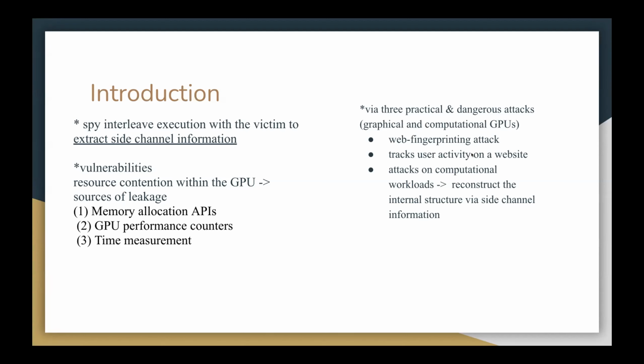We're going to talk about each of them in detail in the scenario slides. Mainly, they use 3 different practical and dangerous attacks and implemented the experiments on both graphical and computational GPUs, such as web fingerprinting attacks, tracking user activities, or attacks on computational workloads.